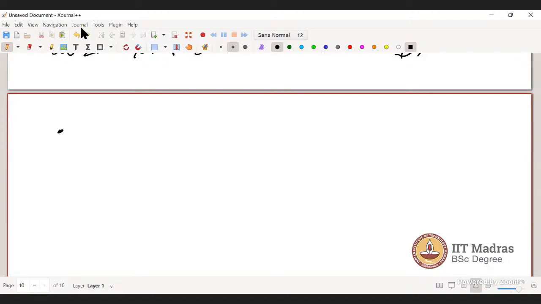Still now, sir, I guess maybe in the next week he will define tangent formally. You need the notion of differentiability to define that tangent formally.